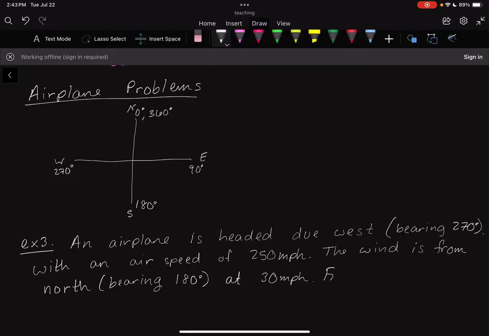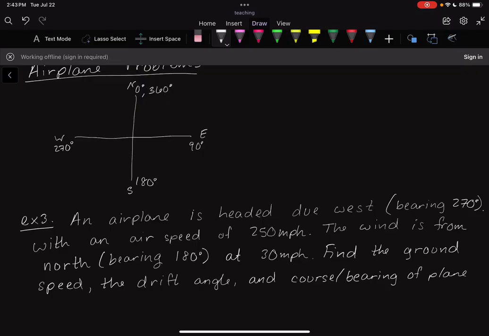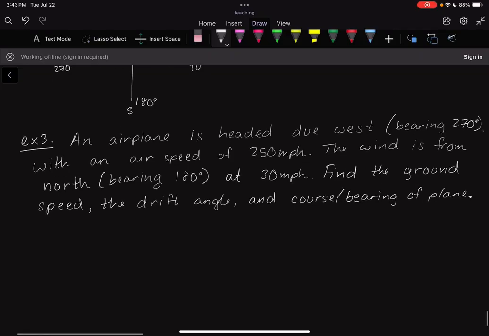We want to find the ground speed, the drift angle, and the course, or sometimes they'll call this bearing, of the plane. So of course pause and go ahead and write all that out. First thing we should always do with these is draw.